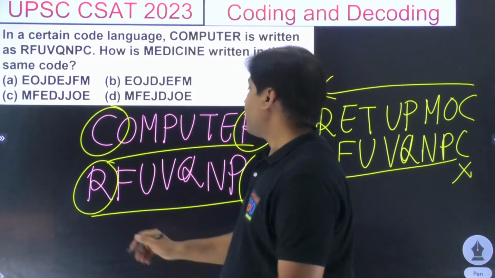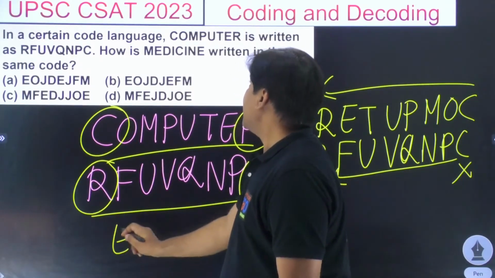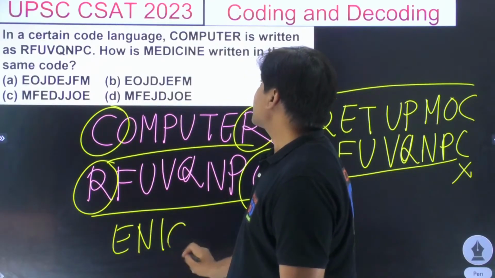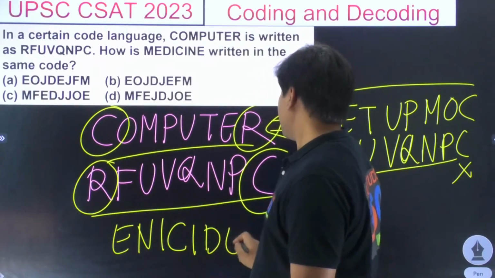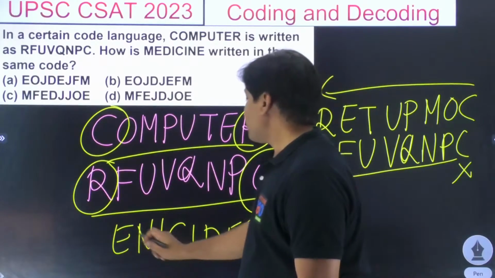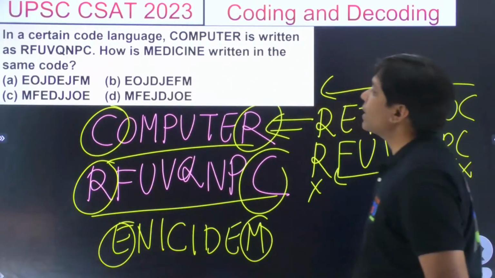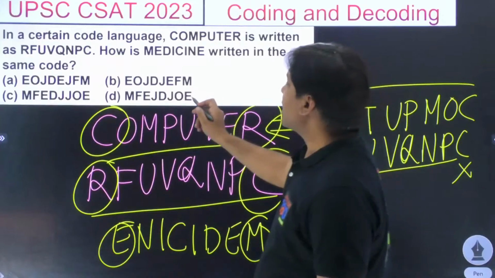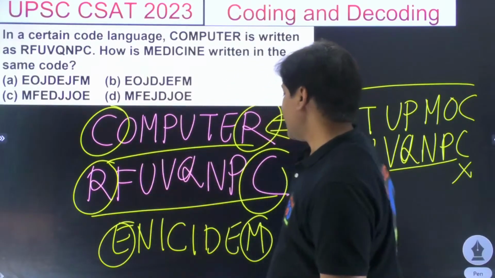So this is medicine. So ENICIDEM. तो ये और ये तो यही रहेंगे, E से स्टार्ट होगा और M पे खत्म होगा, और ऑप्शन आपके पास में सिर्फ A और B है, यही है ना.